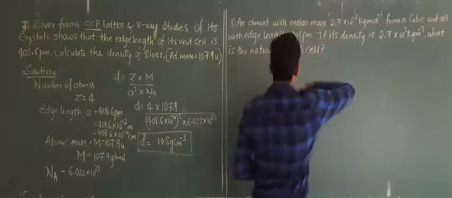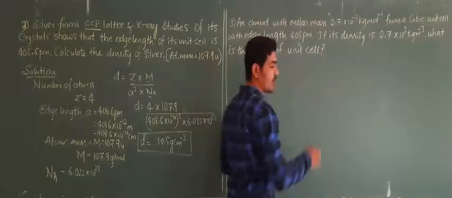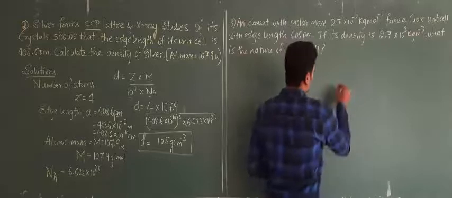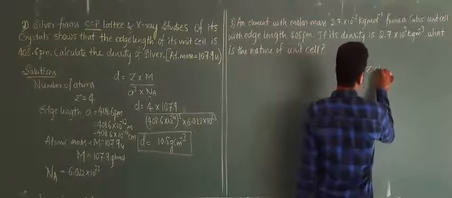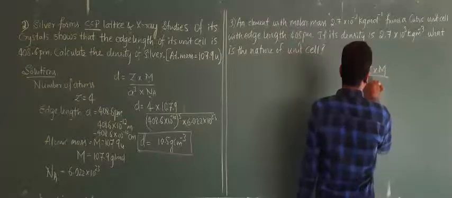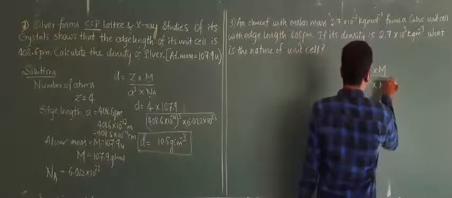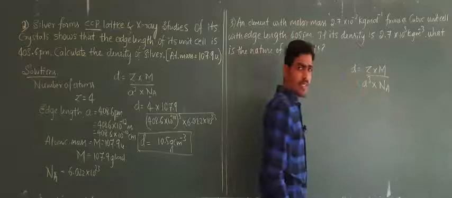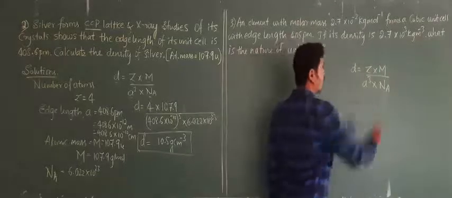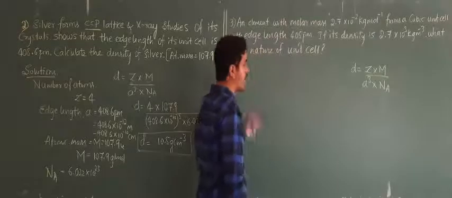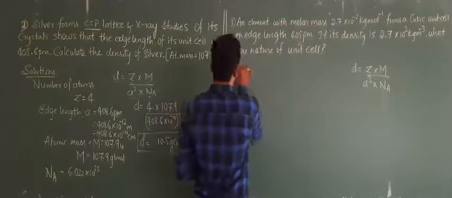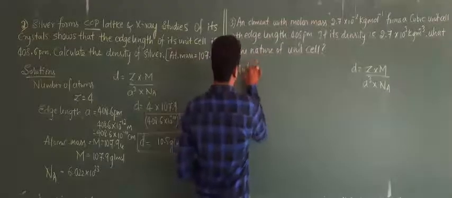Now write down the given things. The same procedure, same formula. What is the formula? D is equal to Z into M divided by A cube into Na. This time you have to calculate the value of Z. So first, before going to that, write down the given things.